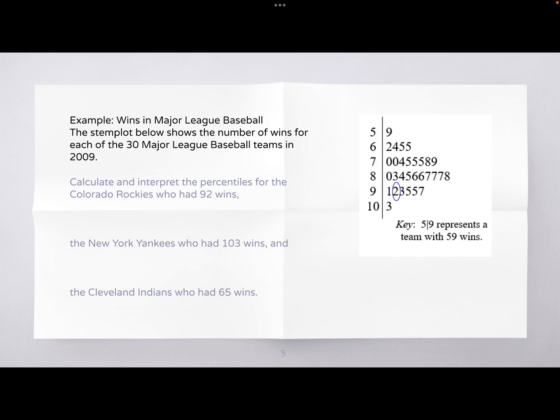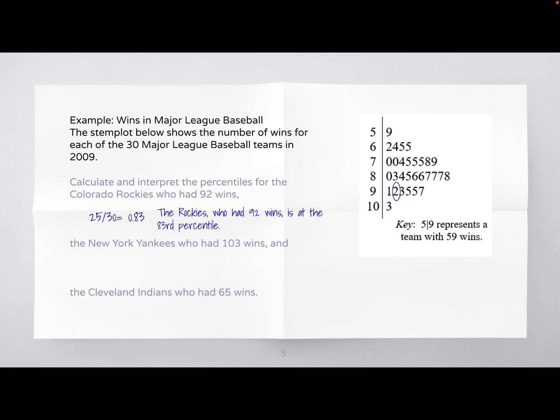It's right there. We're going to go backwards, and there are 30, 29, 28, 27, 26, 25. So it's 25 out of 30. We calculate that, 0.83. So the Colorado Rockies are in the 83rd percentile.